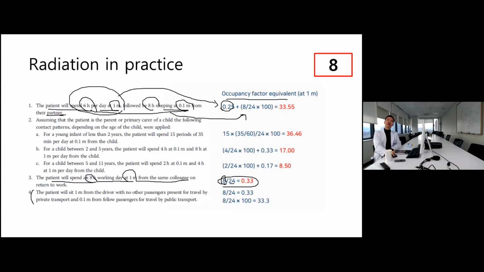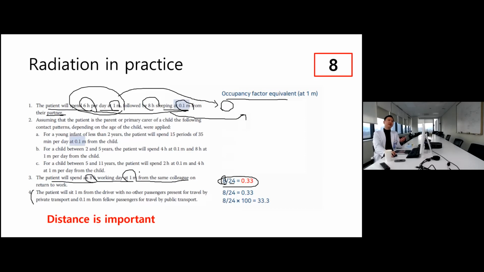So the occupancy factor will be like 33.55, which is very high. What I want to show is that distance can be very important. So when giving caution to patients going home, more importantly, I think, is to recommend that they stay further away from their children or their partners.